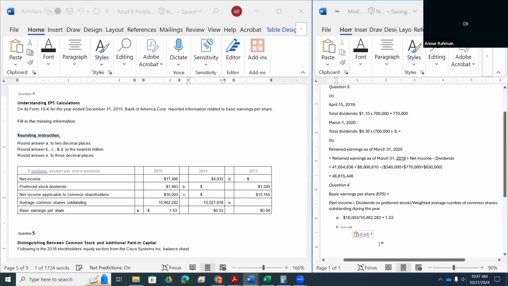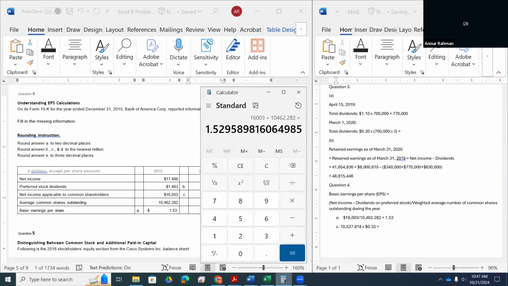This number multiplied by, to the nearest million, so it will be 3,474.